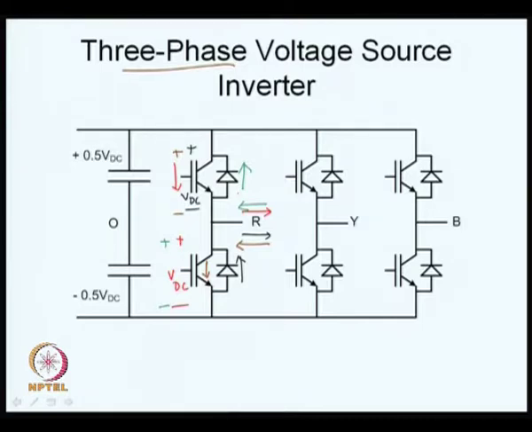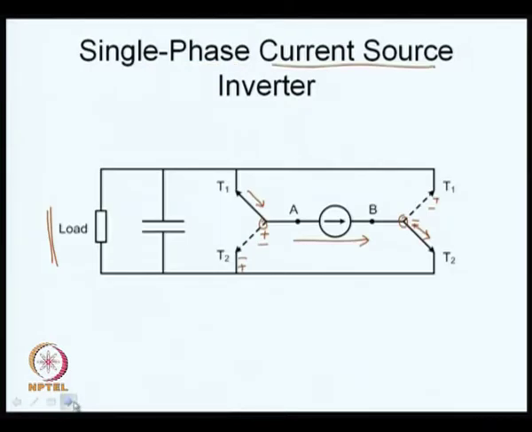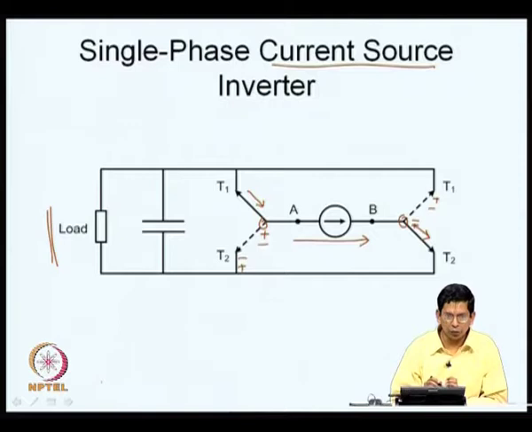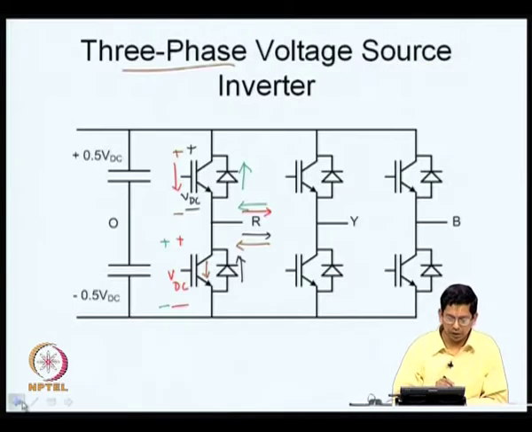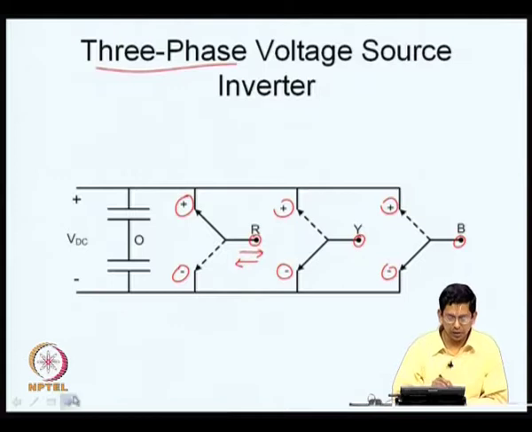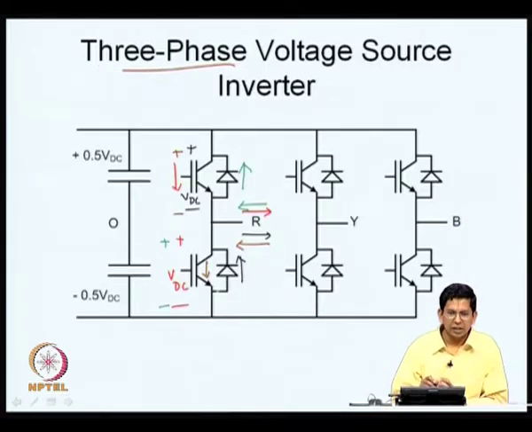So, we are slightly expanding and going higher now. You had a point where you used only single pole double throw switches, which are all single quadrant switches. We again have single pole double throw switches in a voltage source inverter like here, but they have bidirectional current carrying capability.